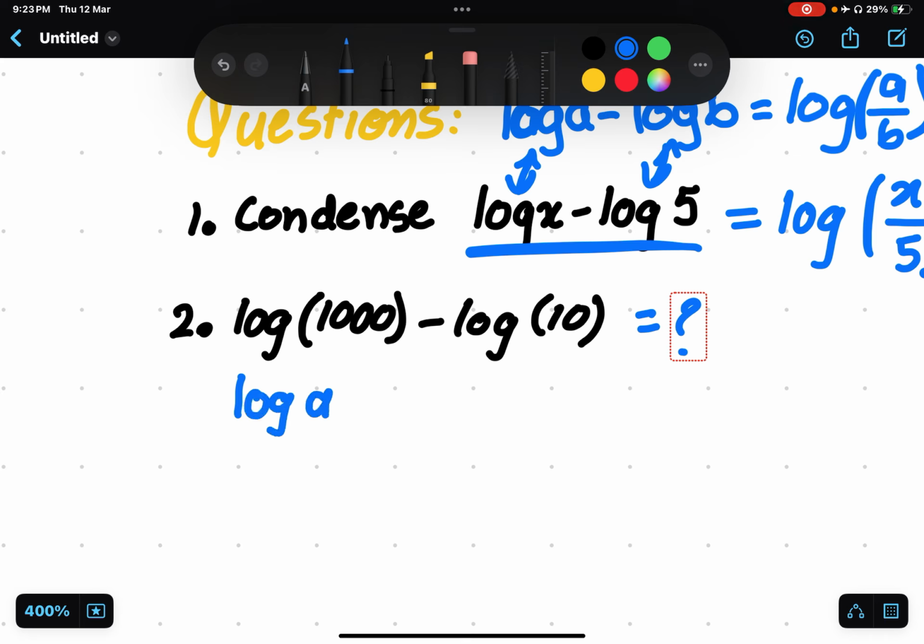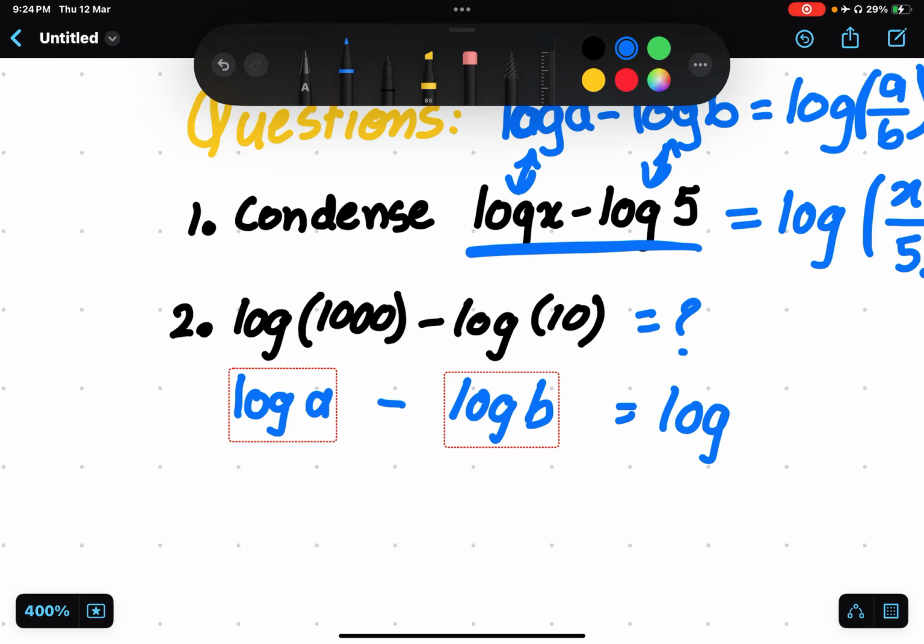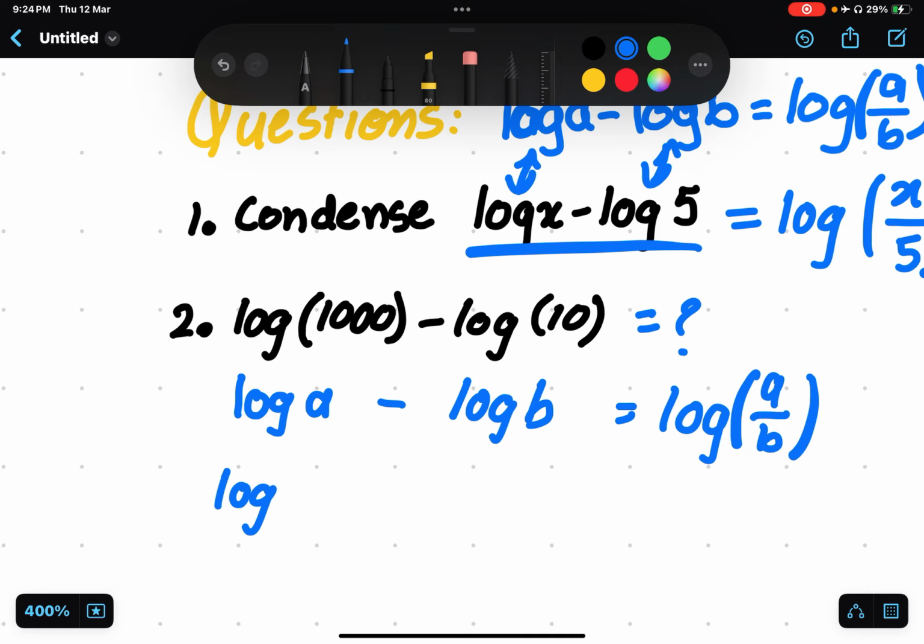Yeah, and then this one is the one that we're taking away. So this is going to be our log b term, and since we're minusing, that is equal to log a over b, right?